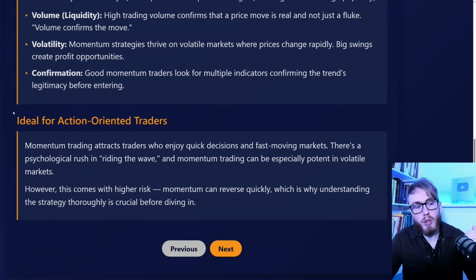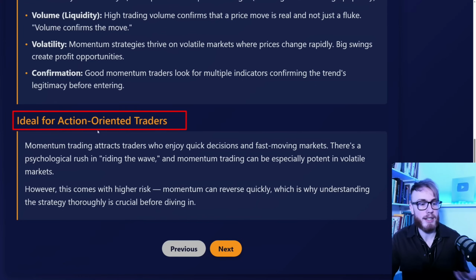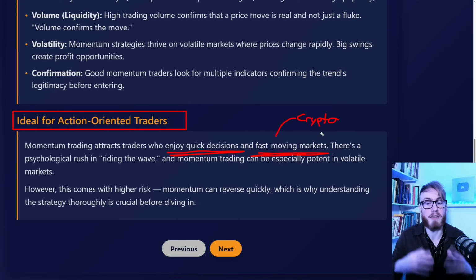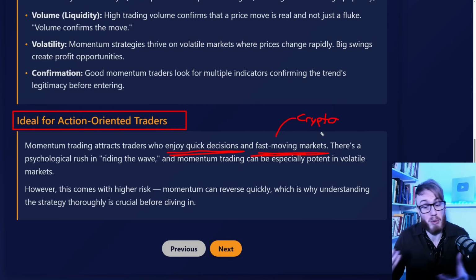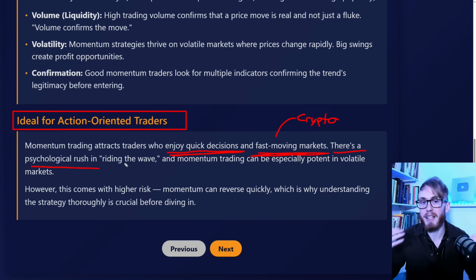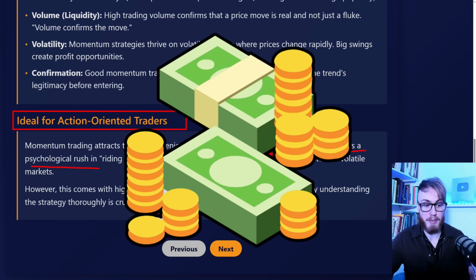But all right, so who is momentum trading for? Well, if you are a trader who enjoys quick decisions and fast moving markets, so maybe you are trading crypto, or maybe fast moving stocks, for example tech stocks, there often is a psychological rush in riding the wave. It feels really good to buy high and sell even higher. And momentum trading can be really profitable.